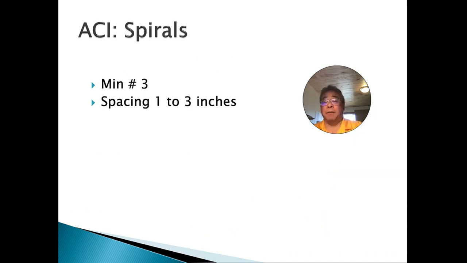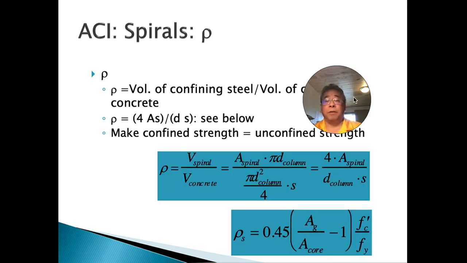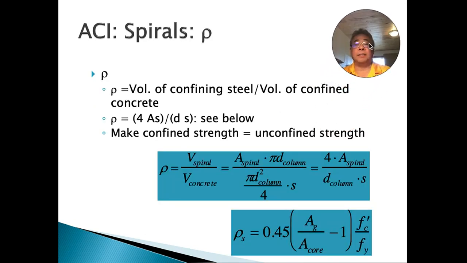If you have spirals, the minimum is 3/8 inch diameter, or number 3, and the pitch of the spiral is 1 to 3 inches, and the percentage of steel for a spiral is the volume of the spiral steel divided by the volume of the concrete inside.